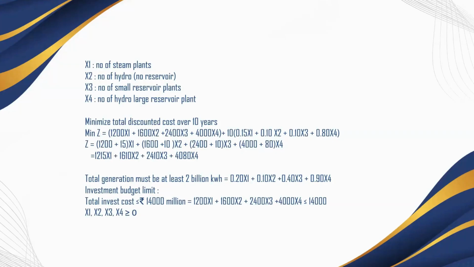First we will minimize the total discounted cost over 10 years, that is minimizing Z, and then the total generation must be at least 2 billion. An investment budget limit: the total investment cost is less than or equal to 14,000 billion.